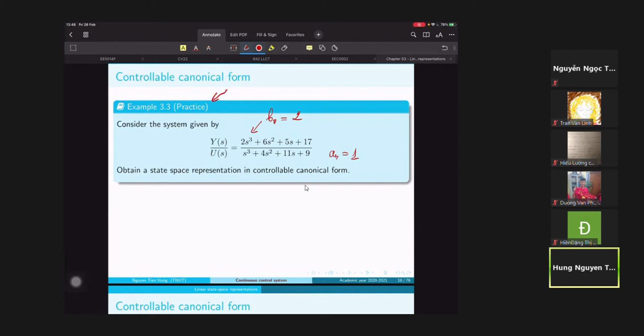But now we have to find the controllable canonical form for this system and see what difference there is compared to the previous case. Okay, now let's do it. Everyone, try with this example.